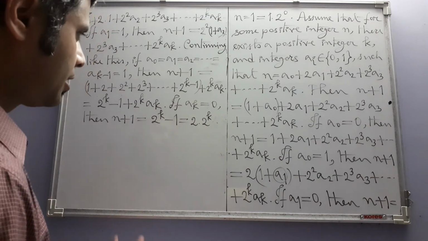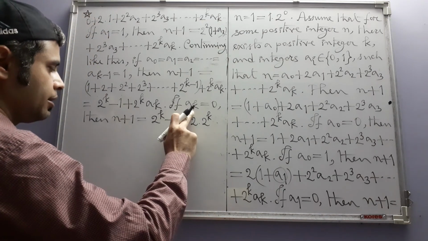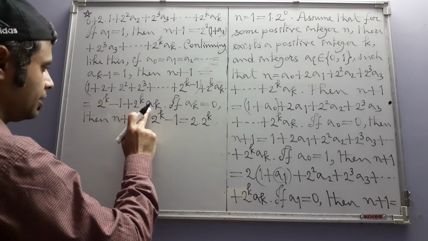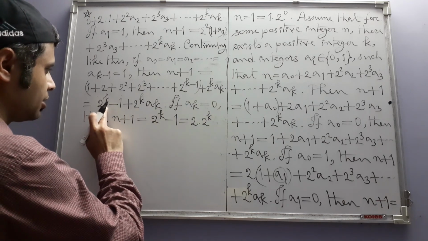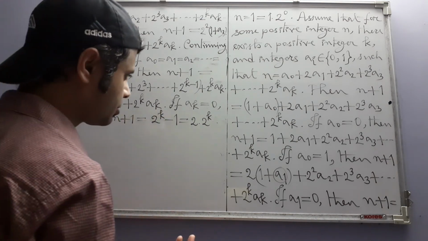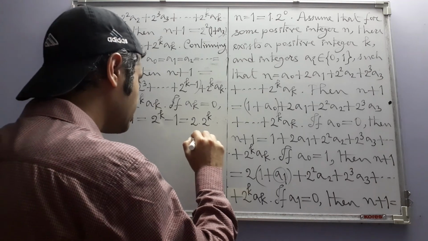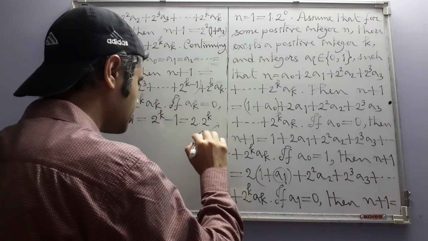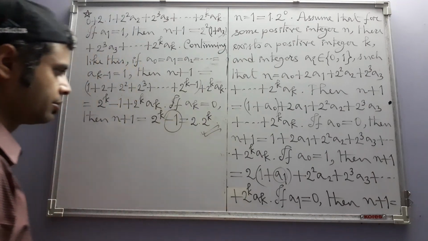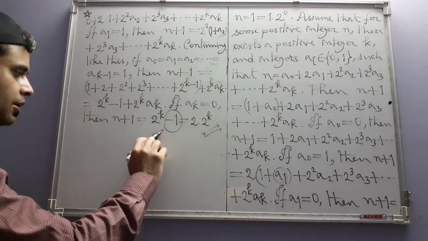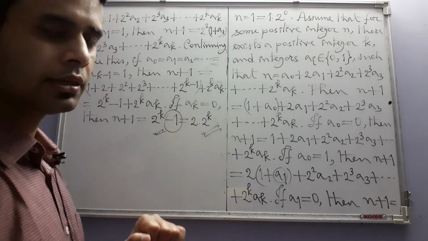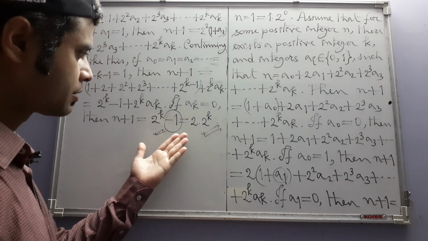If on the other hand ak is 1, then what do we get? If ak is 1, we get 2 to the power k plus 2 to the power k, and then there also we have minus 1. So here, for right now it's not coming to me how this minus 1 will be handled. So that means we are slightly stuck here, but I'm going to end things here.